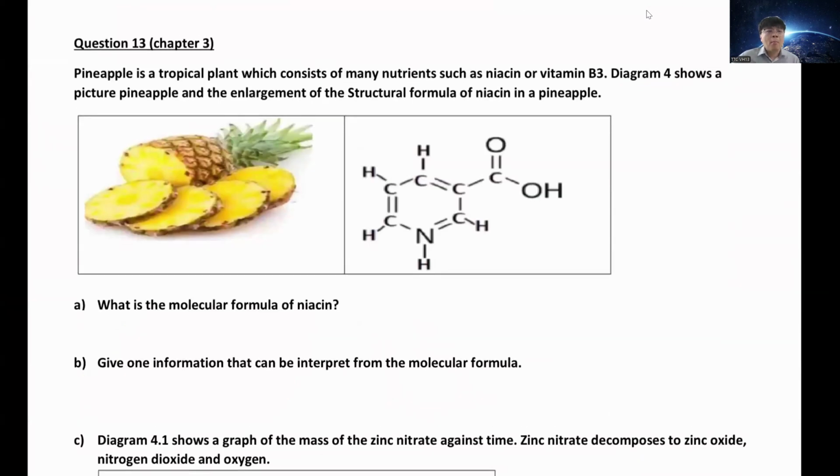Okay, then after that, what is the empirical formula?